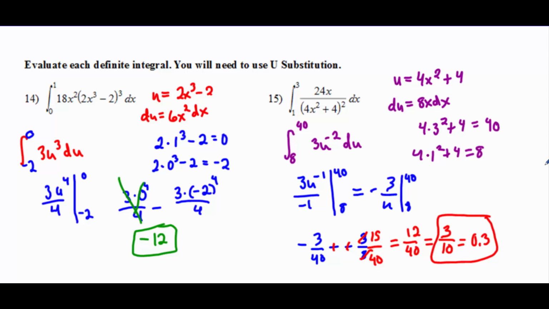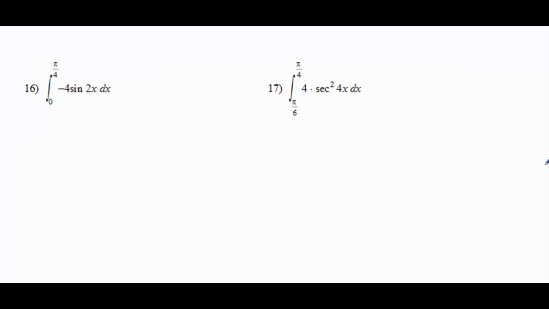Okay. On these next ones, where we have trig functions, I'm going to be using the unit circle to finish the problem off so that I can get answers like square root of 3 over 2 or square root of 2 over 2 or things like that, which means I won't have rounded. So keep that in mind.